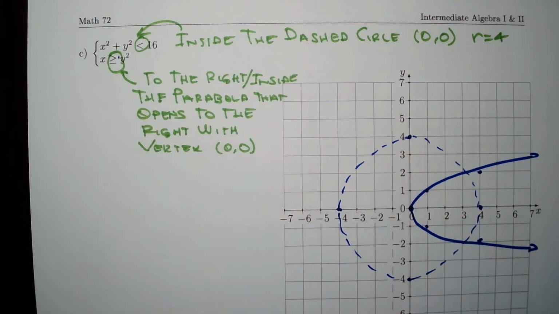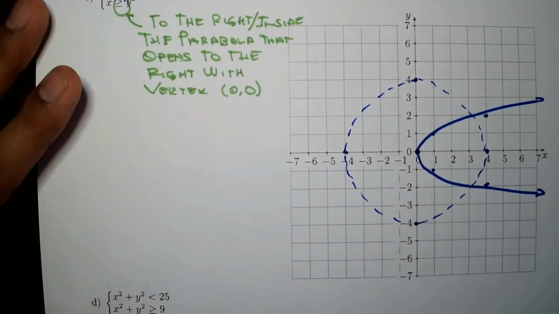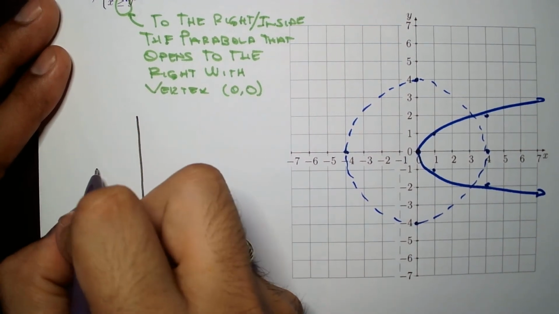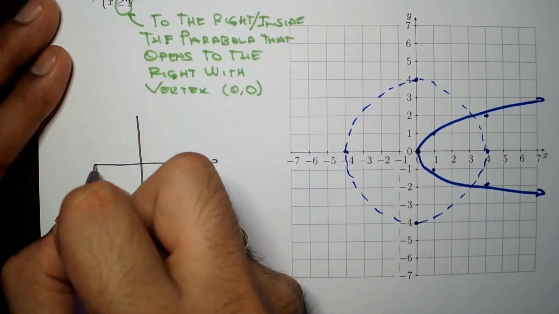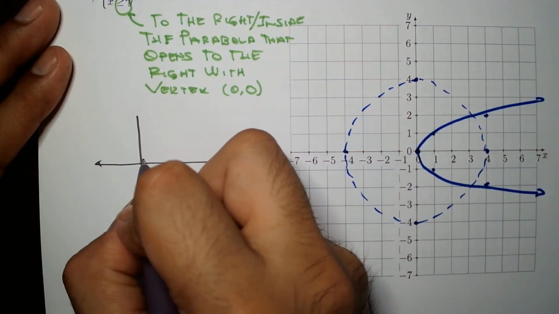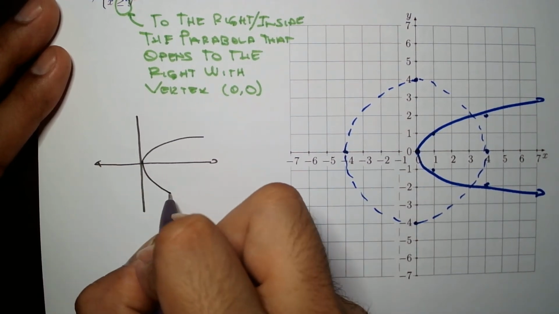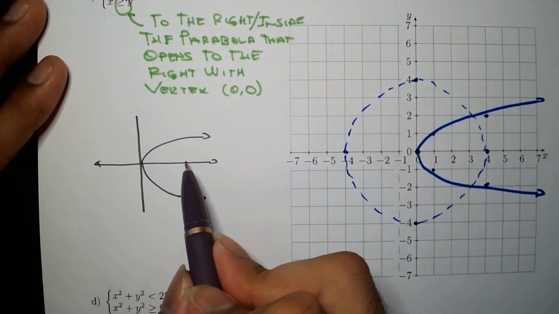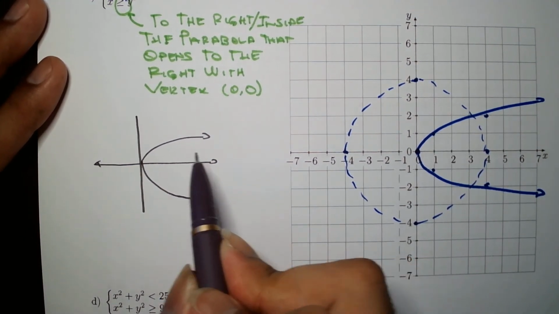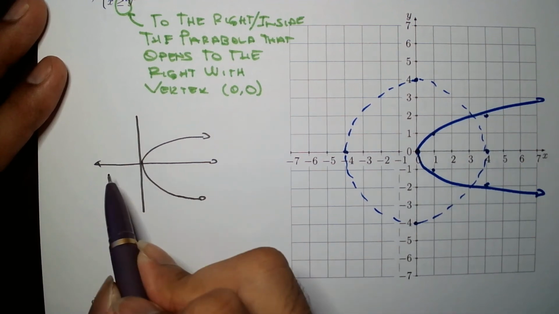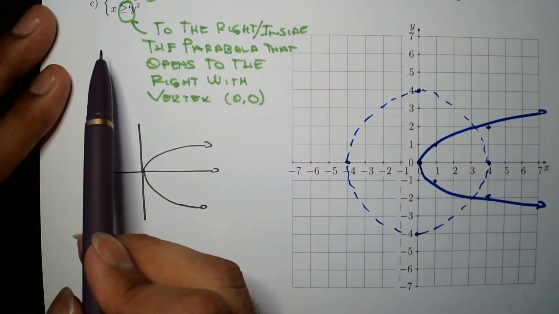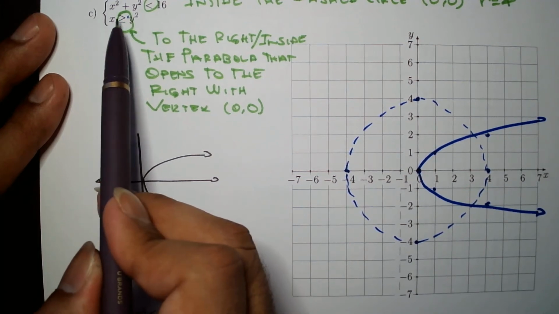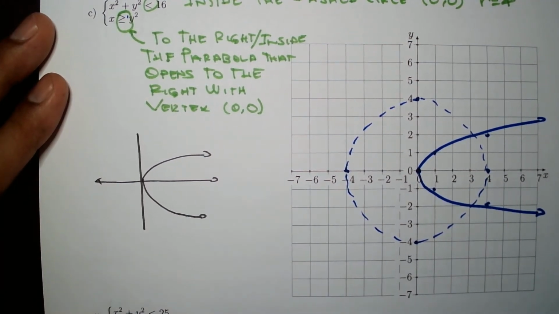It's solid because it's greater than or equal. Okay, so this one I didn't discuss in the individual examples, but I'm going to show you how to do it in the scratch. All right, so let me draw the parabola first. The sideways parabola is going to have inside or right, and outside or left. Because in this case I have this greater than or equal, the arrow indicates on that side.